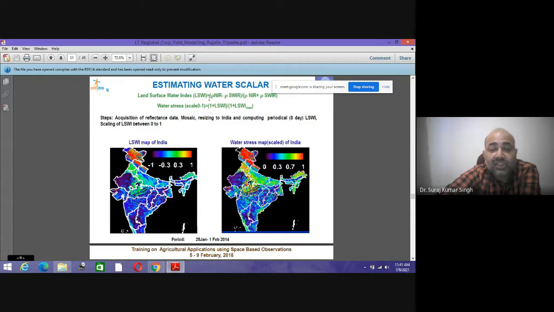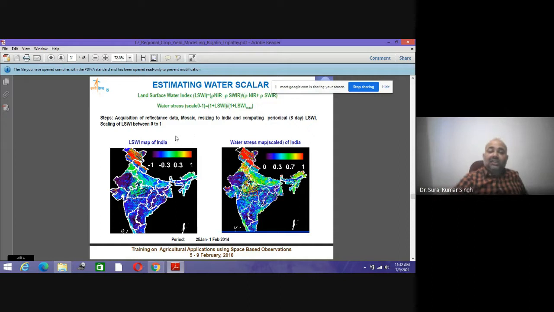Then there is estimation of the water scalar. On the basis of various satellites, we can create a land surface water index, land surface temperature index, water index, NDVI, NDWI, the normalized difference vegetation index. Then you have MNDWI, the modified normalized difference water index.